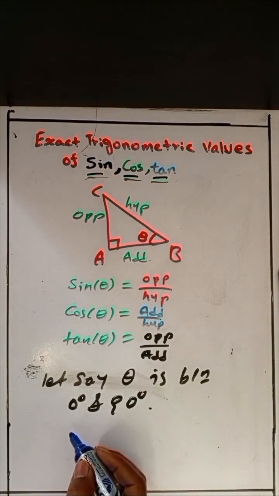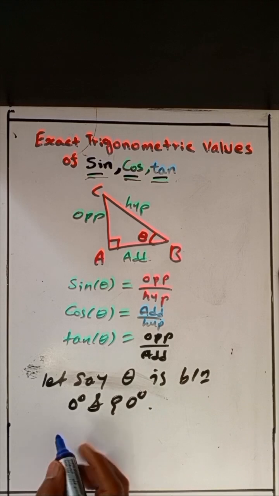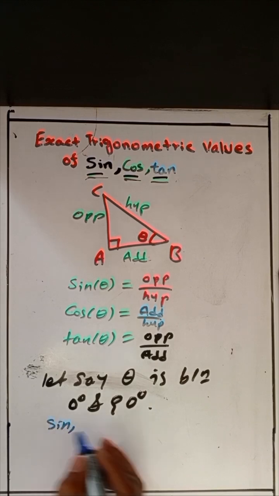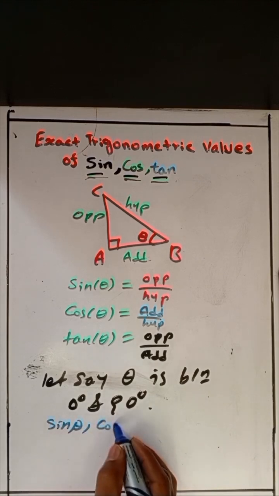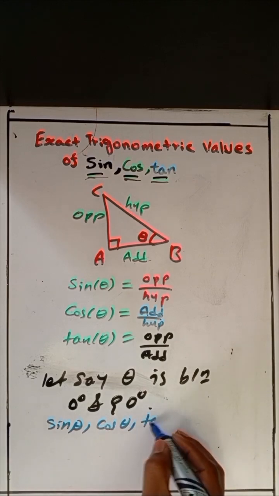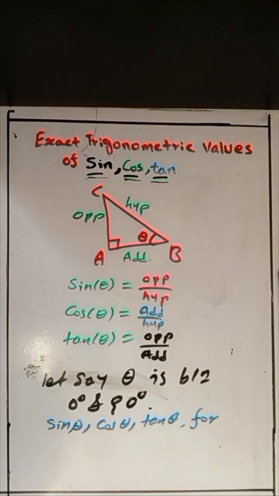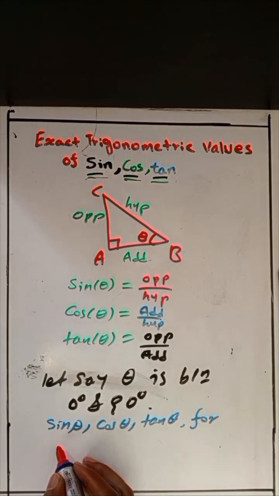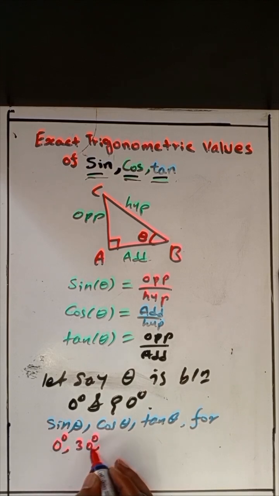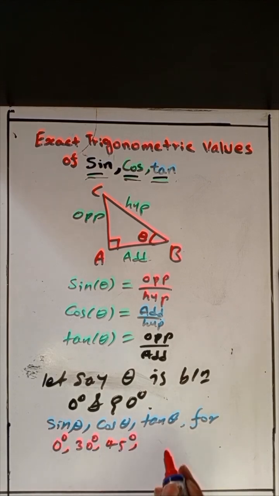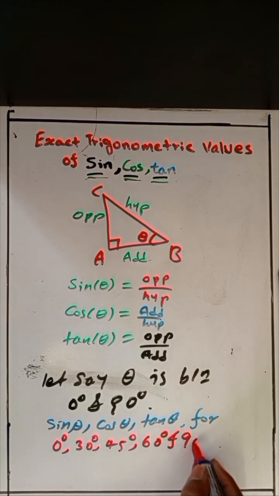As I mentioned earlier in the beginning of this video, we are going to look at the values of sine theta, cos theta and tan theta for the angles which are very familiar in mathematical problems: 0 degree, 30 degree, 45 degree, 60 degree and 90 degree.